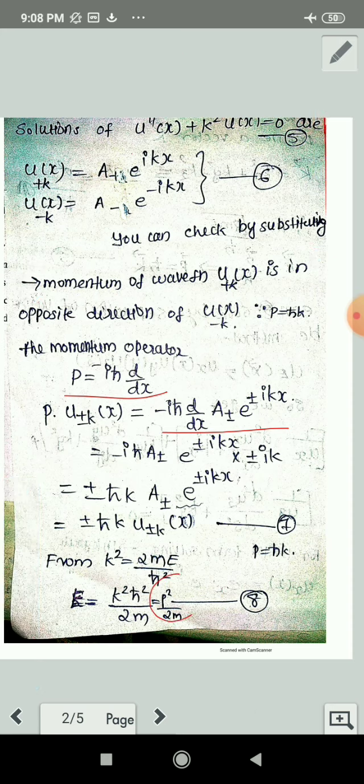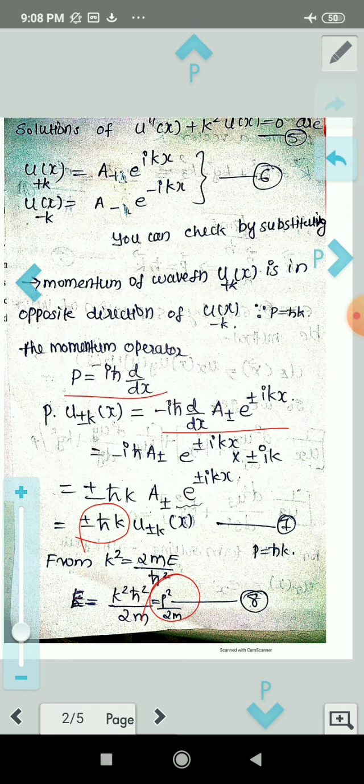That is, p square by 2m and p is equal to plus h cross k or minus h cross k. That is, there are two momentums possible for the same energy, isn't it? For the same energy p square divided by 2m or k square h cross square divided by 2m, there are two momentums possible, that is, plus h cross k and minus h cross k.